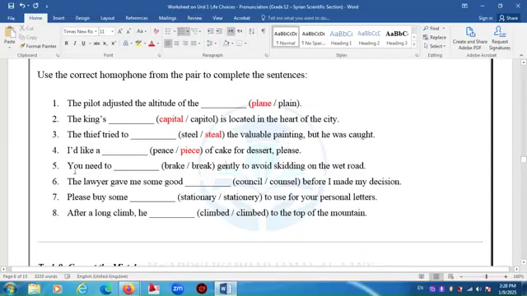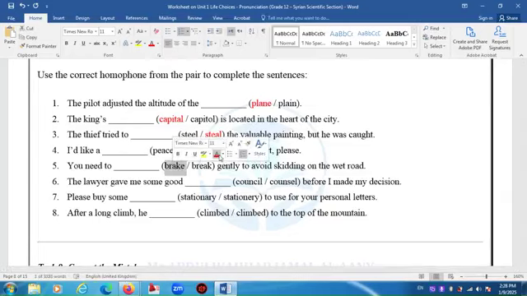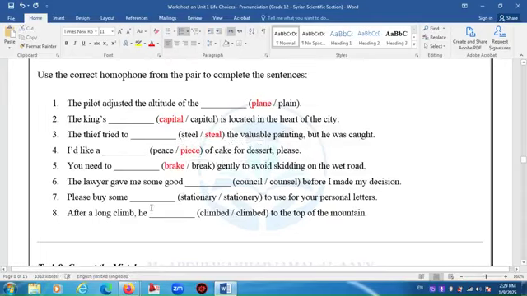Dessert, please. You need to brake gently or break gently to avoid skidding on the wet road. To stop. Brake. The lawyer gave me some good, is it counsel with S or counsel with C?